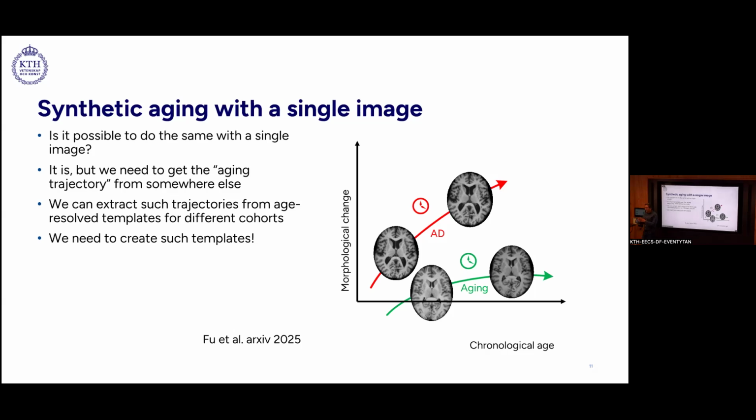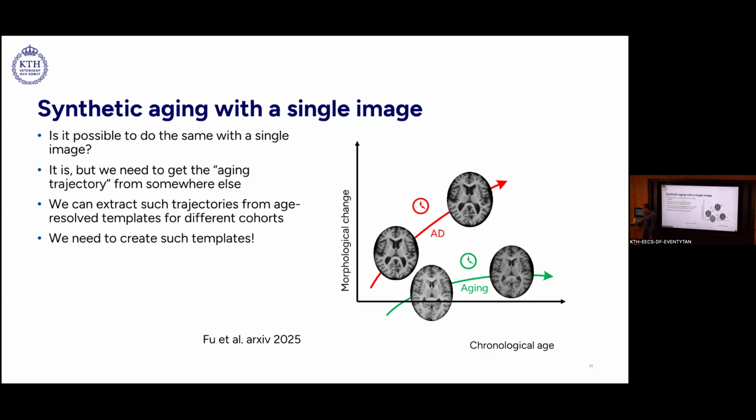What if you have a trajectory of a normal person and then use this information to generate this simulation? Or if you have the same trajectory but for Alzheimer's disease, then you can simulate different paths depending on what you want to simulate.